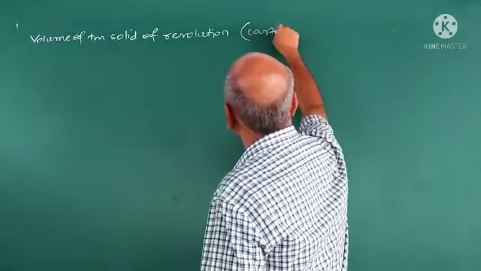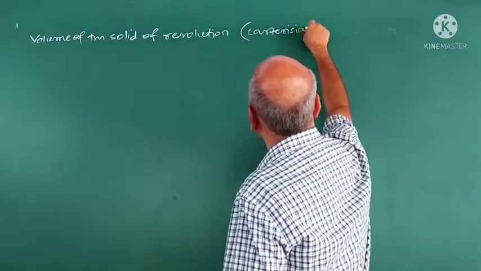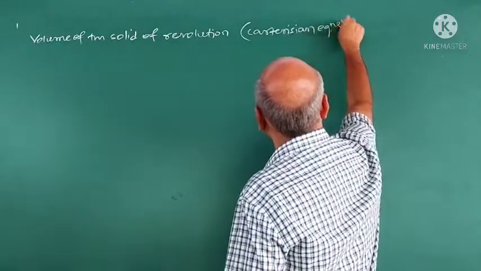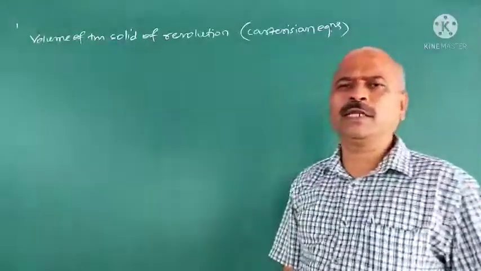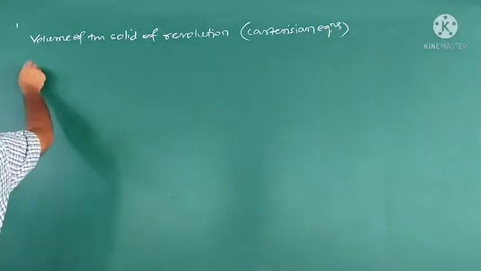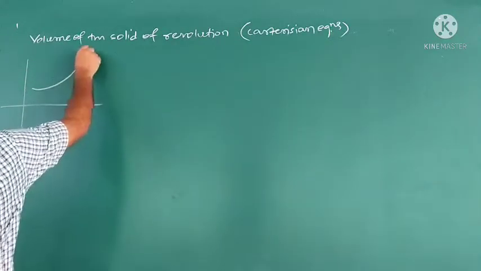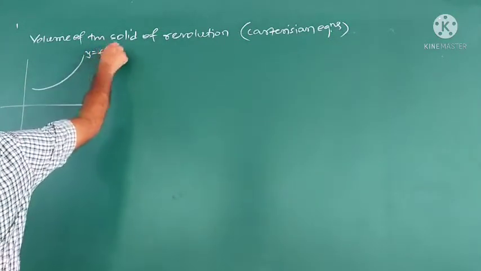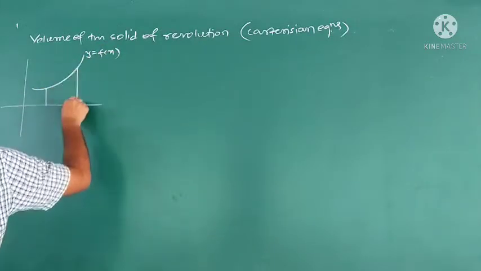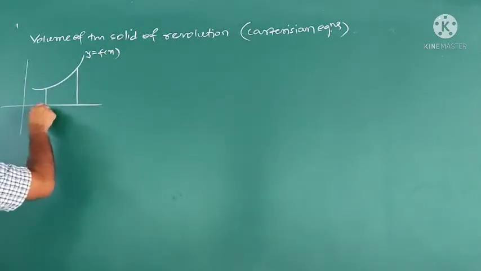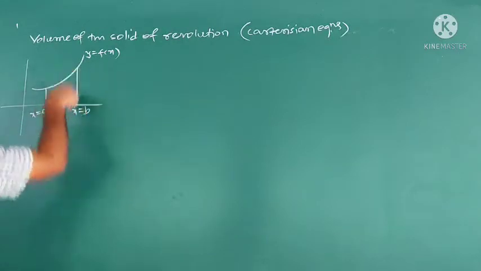First I consider Cartesian equations. See, the formula is like this. Suppose this area is bounded by the curve y equals f(x) and the ordinates at x equal to a and x equal to b. Ordinate means y coordinate.